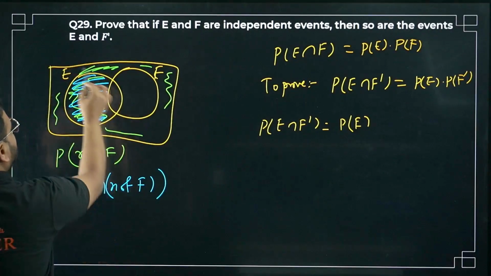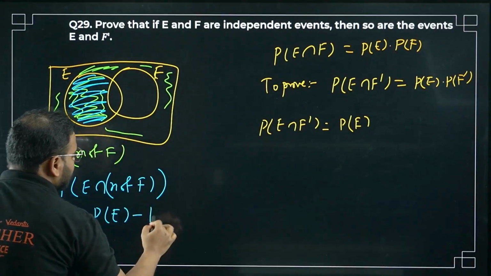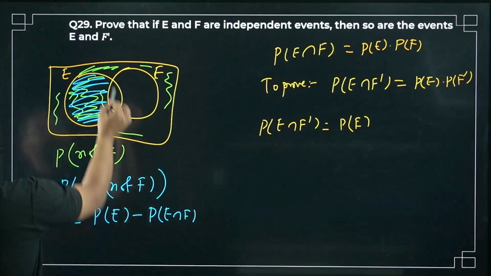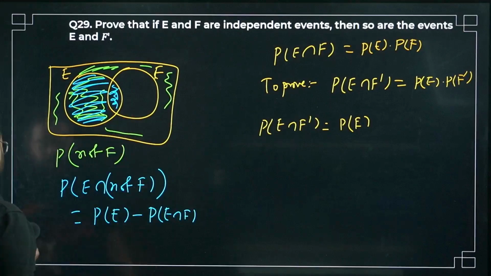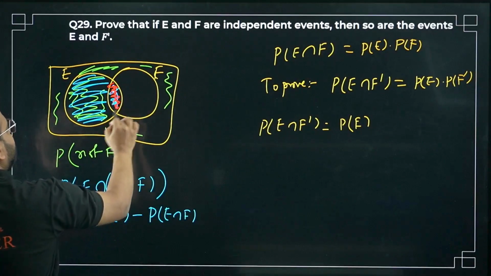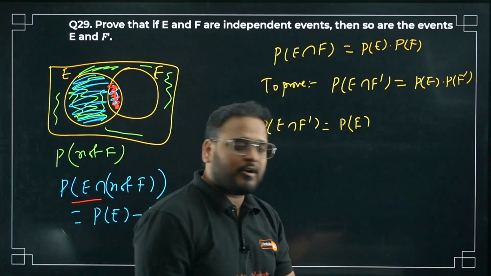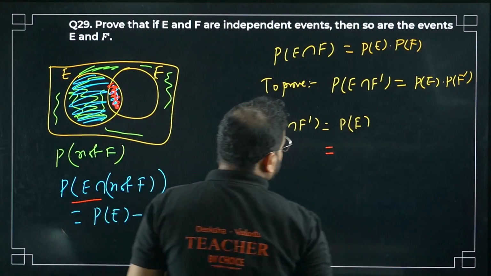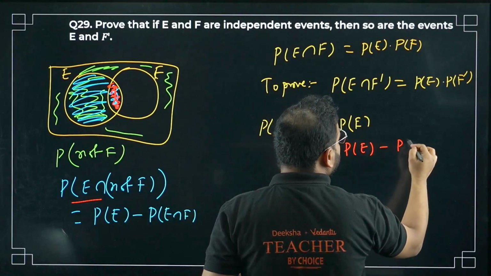It is nothing but P(E) total minus the intersection of E and F. From the total E, I can remove this part, and if I remove this part from the total E, I'm going to get only the intersection of E with not F or F dash. So basically I can replace this by, from P(E), subtract P, what is it?